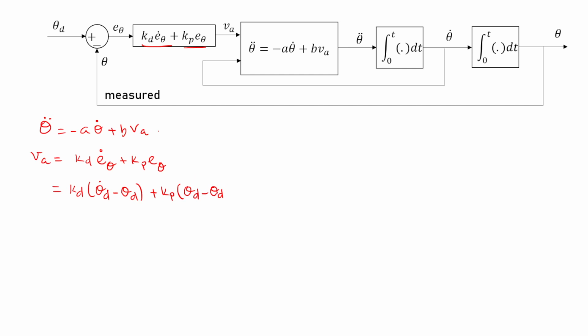Then equation 1 can be written as theta double dot equal to minus a theta dot plus b times KD times (theta D dot minus theta dot) plus b times KP times (theta D minus theta).